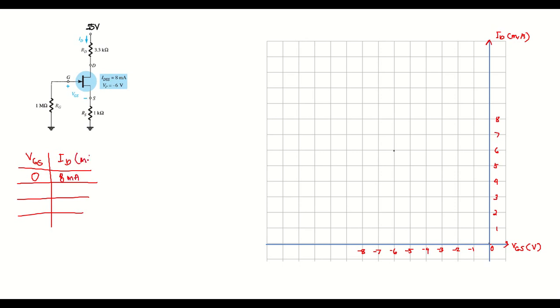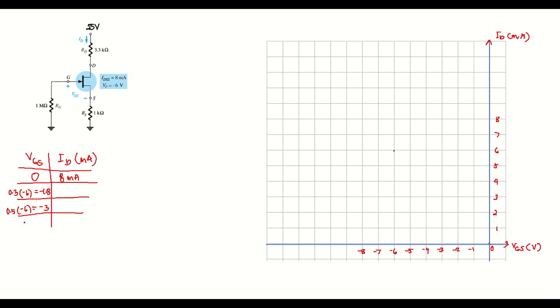And next is when VGS is equal to 0.3 times negative 6, that gives us negative 1.8 volts, and then here is 0.5 times negative 6, which gives us negative 3 volts.